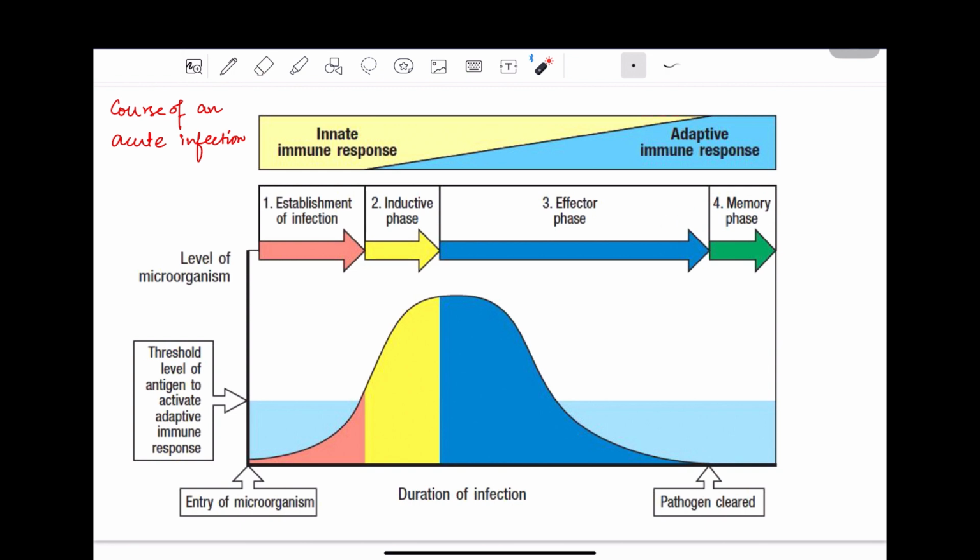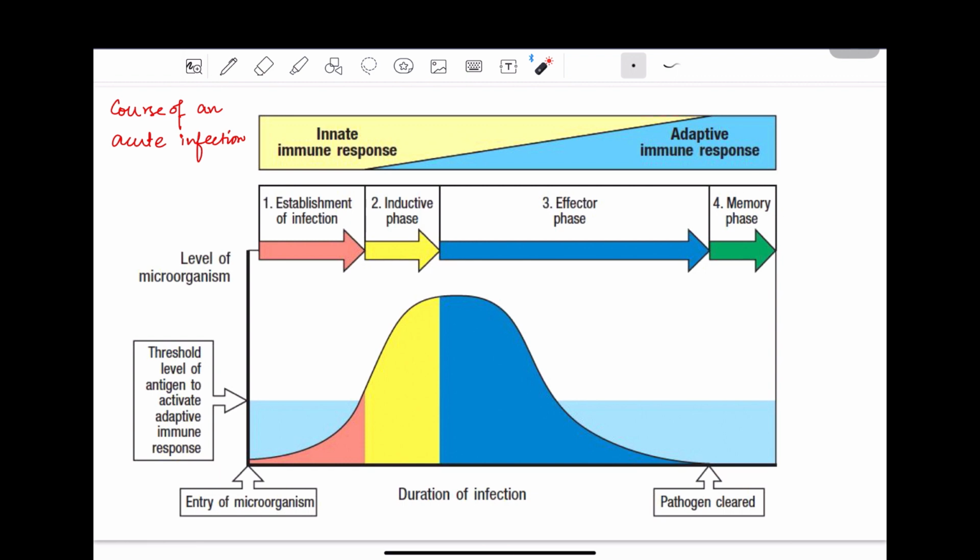The memory phase is the formation and maturation of the memory cells, the memory B cells and the memory T cells, which are responsible for providing protection against any subsequent entry of that same pathogen.